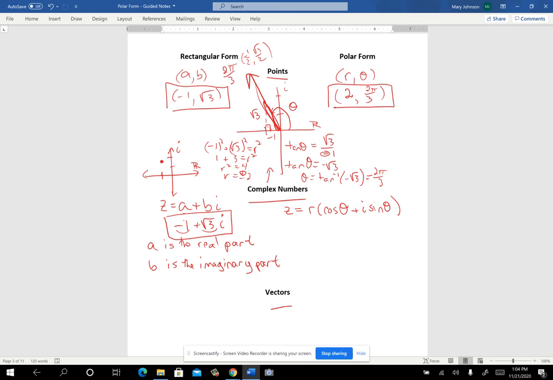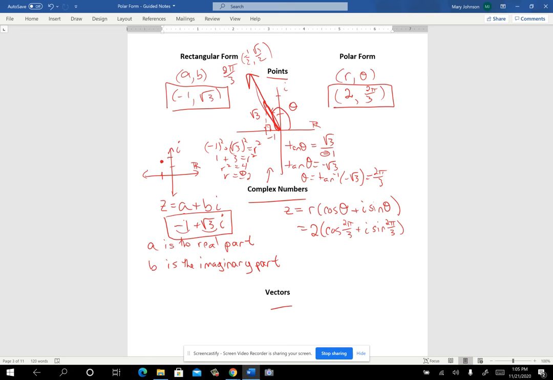You know how we already found that r was 2? So r is going to be 2. And then your theta was 2 pi over 3, so you just plug that in. And right there is your complex number written in polar form.